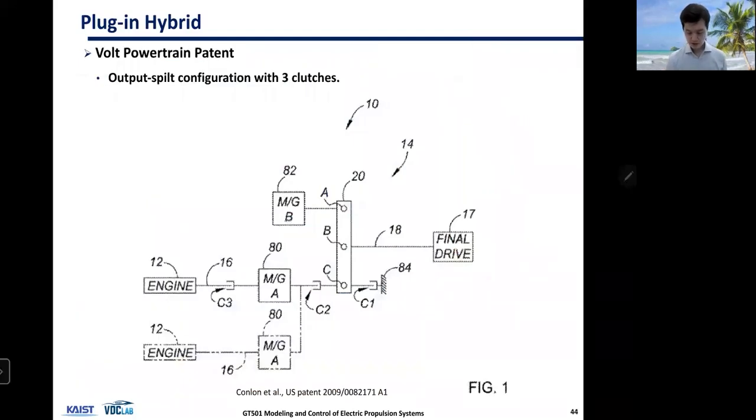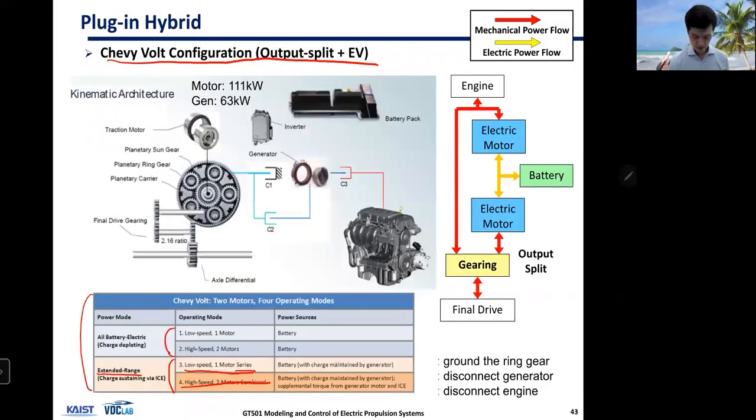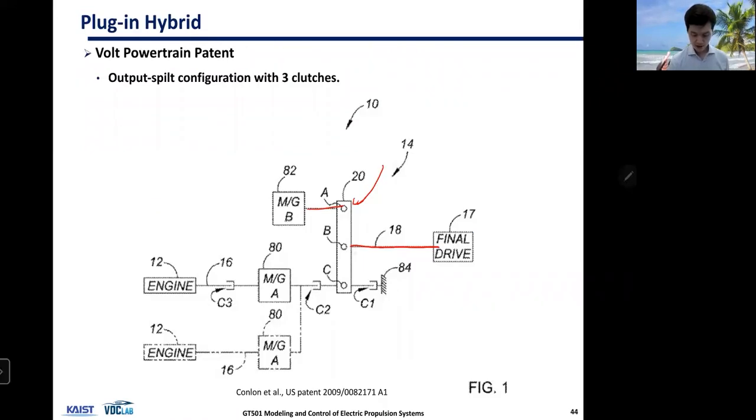And these are the patents they filed for first generation Voltec. They use planetary gear sets, and they connect the final drive to the carrier, and then they connect one motor to the ring. Actually, I think it's sun, and then this one is ring gear.